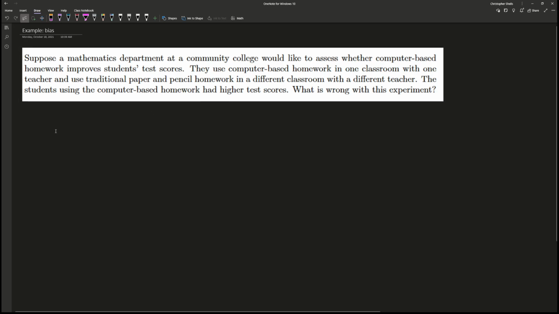Well, here, you don't know. Let me make my font size larger here. You can't know if the better test scores are because of the teacher or because of the computer-based homework.